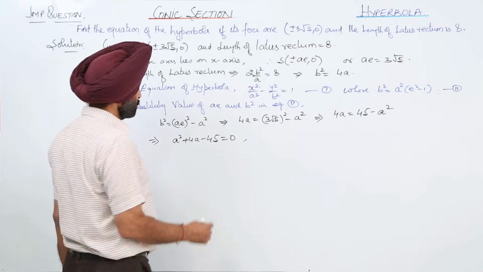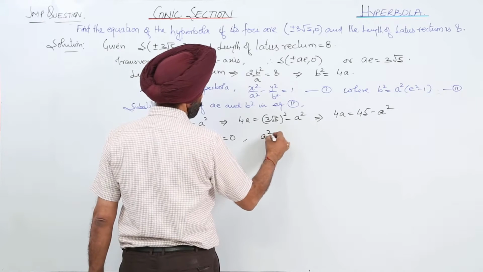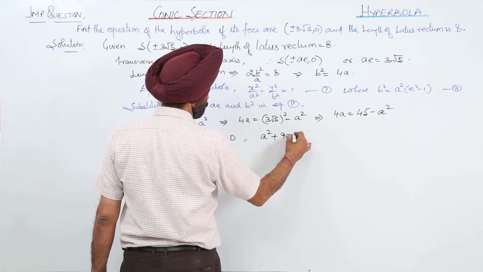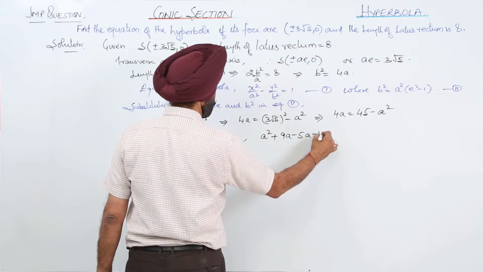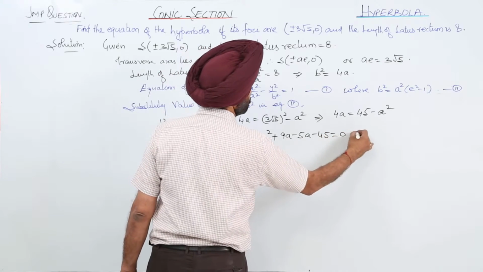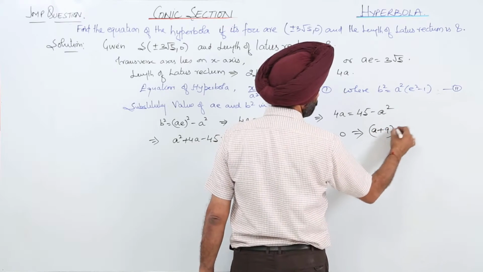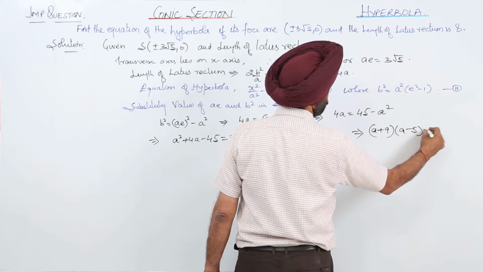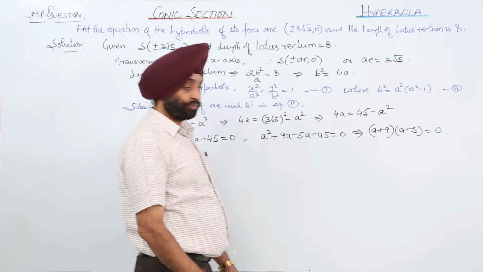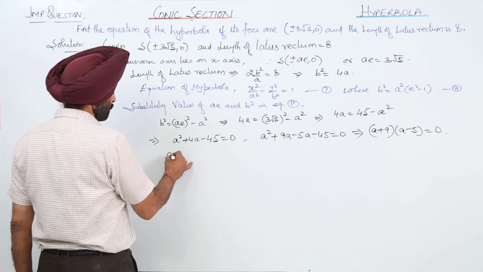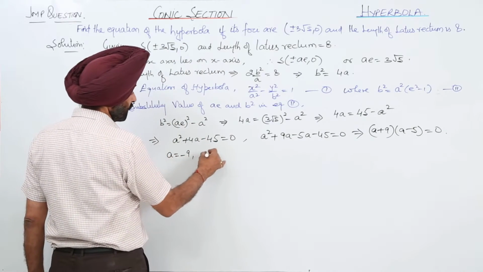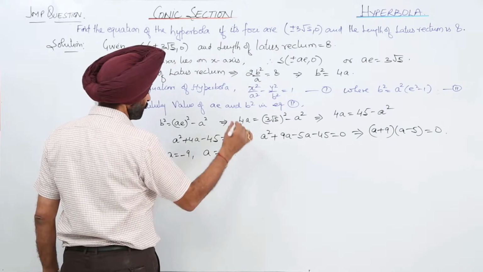Now, on factorization, what we are having? a square plus 9a minus 5a minus 45 is equal to 0. And this becomes a plus 9, a minus 5 is equal to 0. Now, a is equal to negative 9 and a is equal to 5.